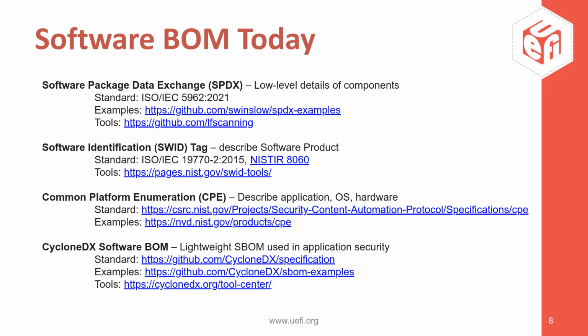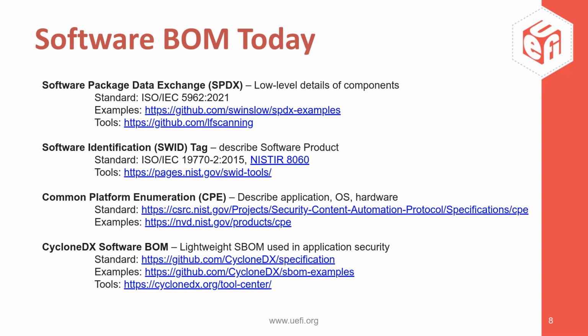So there are several ways of doing software bill of material today. There's the Software Package Data Exchange, which is standardized by ISO, and there are open source tools and examples for that. There is SWID tags, and this is also an ISO standard, but there's a NIST document here as well. And there are tools available for generating SWID tags.